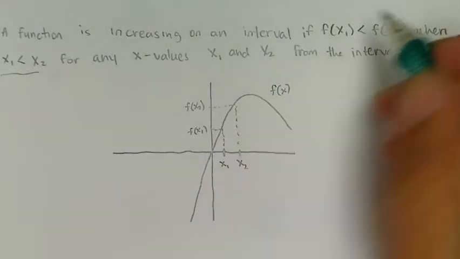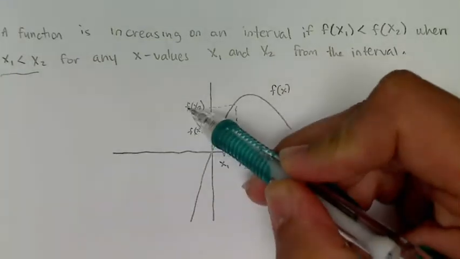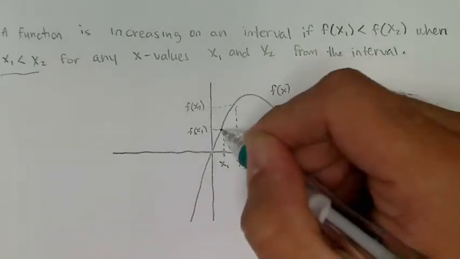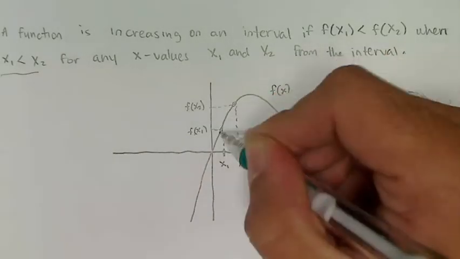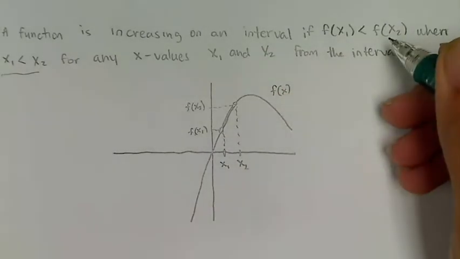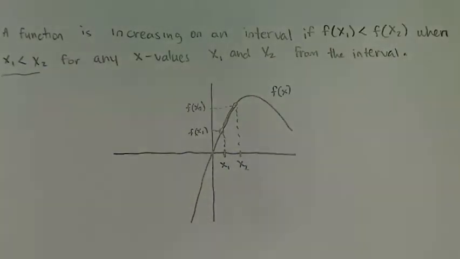So what this definition says is that if f of x1 is less than f of x2, then that means your graph is increasing over that interval. So from here to here, we call this graph increasing. You might say, well, isn't that just saying that it's rising from left to right?